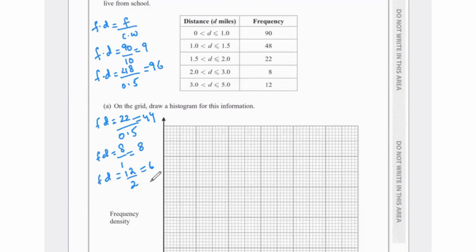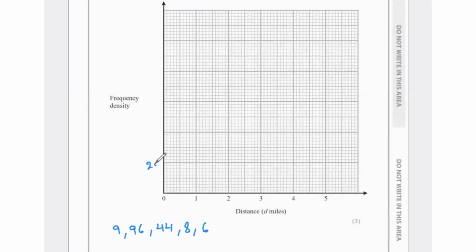So these are the frequency densities: 20, 40, 60, 80, 100. So 9 is going to come somewhere over here.